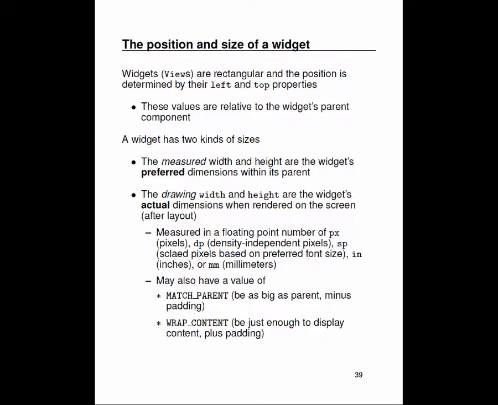There are two kinds of sizes. There's the measured width, which is determined by its parent, but more importantly there's the drawing width and drawing height, which are the actual dimensions when drawn on the screen.